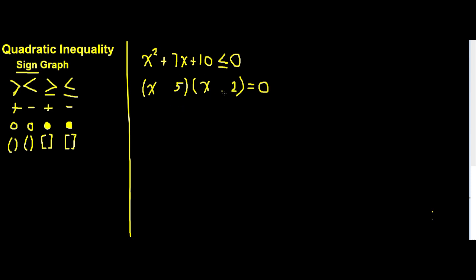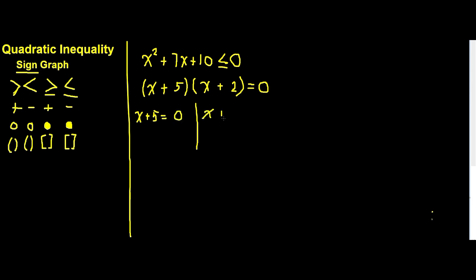Ano ang sign nilang dalawa? Since positive yung last term mo, it's either dalawang negative or dalawang positive para maging positive 10 siya. Pero dito, looking at your middle term, it's positive 7. Since lahat yan positive, automatic yung factors niya positive. Now, get the critical points by equating them to 0. So, you have x plus 5 is equal to 0.